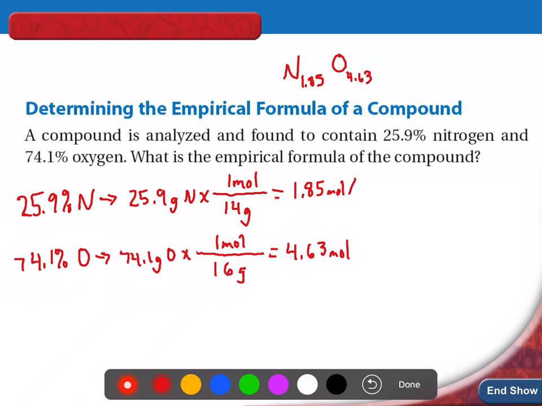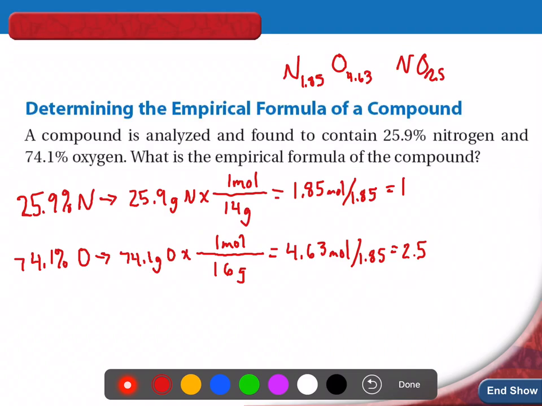So what we do is we divide by the smallest one. 1.85 is the smallest in this case. And when you do that, you get 2.5 here and 1 up here. Now, yet again, you're not going to see an O2.5. So we still got a problem there.